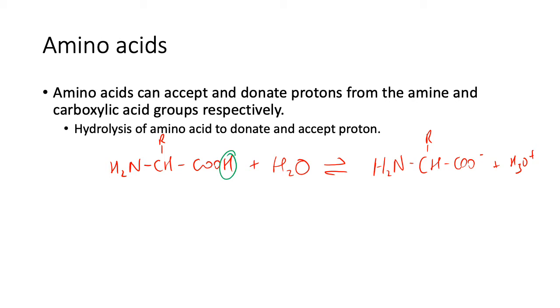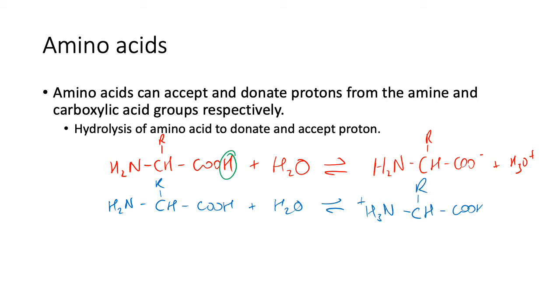So that's donating a proton from the carboxylic acid group onto the water. But you can also have the amine accept a proton. Here's that exact same amino acid, and it's going to accept a proton, and that's not going to form H3O plus, it's going to form OH minus.